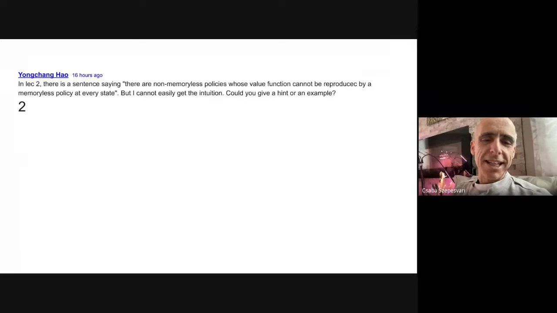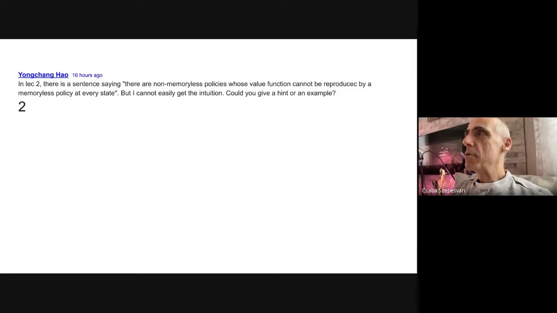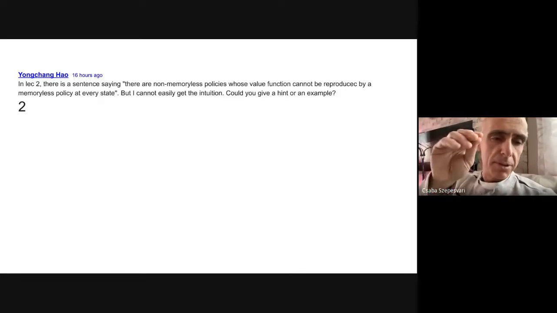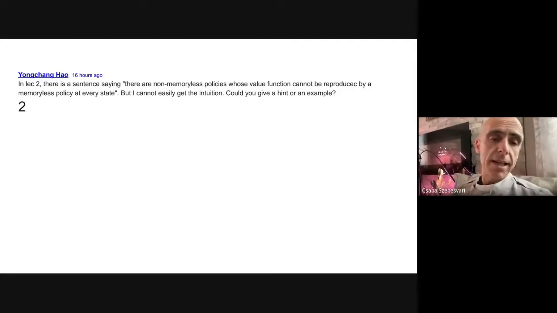It's a very nice coincidence that memoryless policies are not sufficient to reproduce the value function of all non-memoryless policies, if reproducing means reproducing it at every state in the exact same way. But this is completely irrelevant if we only care about optimal policies.